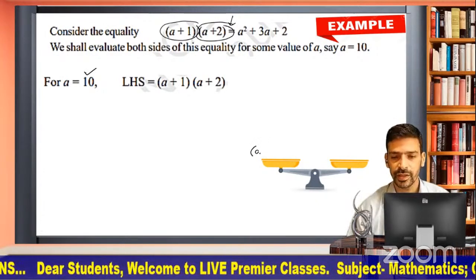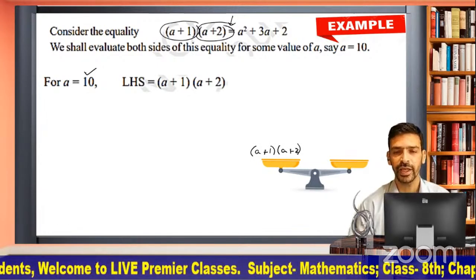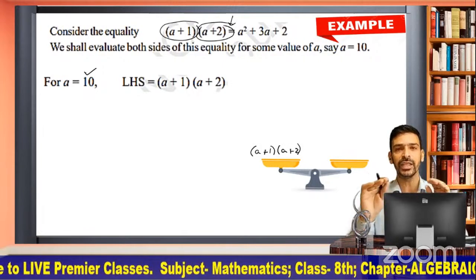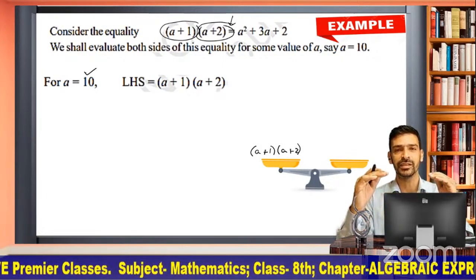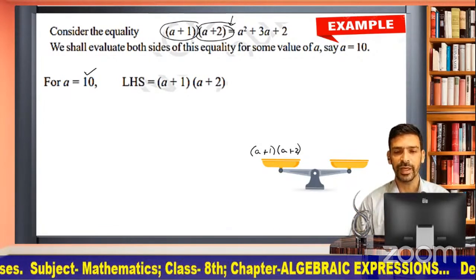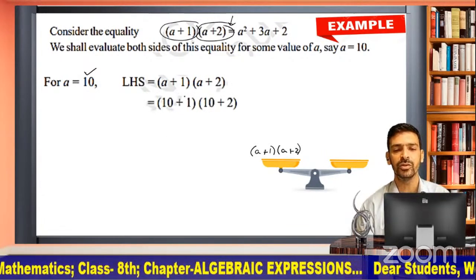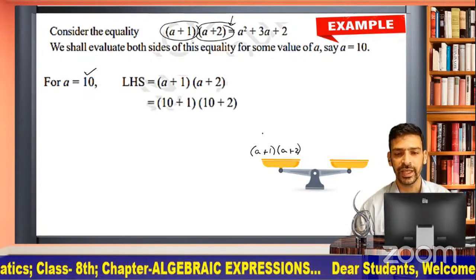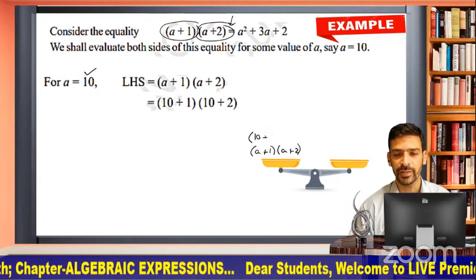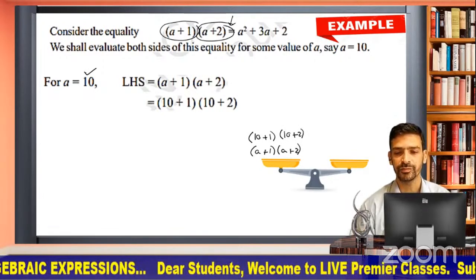It is a plus 1 multiplied by a plus 2. ठीक है? अब equality याद रखिएगा. अब we imagine it being equality, equation, a balance. There should be a balance. We have a plus 1 multiplied by a plus 2, and we substitute value a with 10. So instead of a, मैं इधर 10 लिखता हूँ, 10 plus 1, और यहाँ मेरे पास है 10 plus 2.